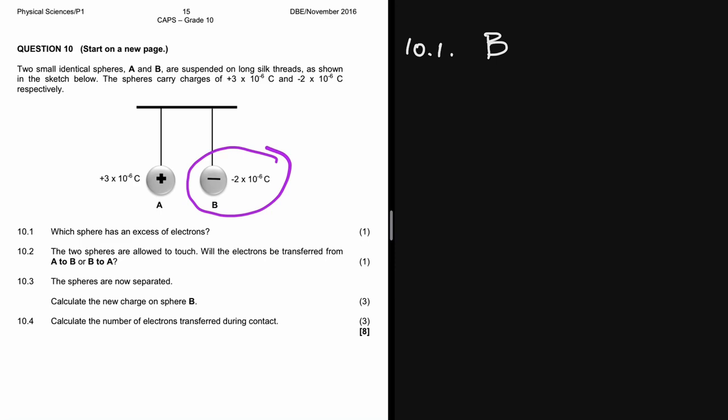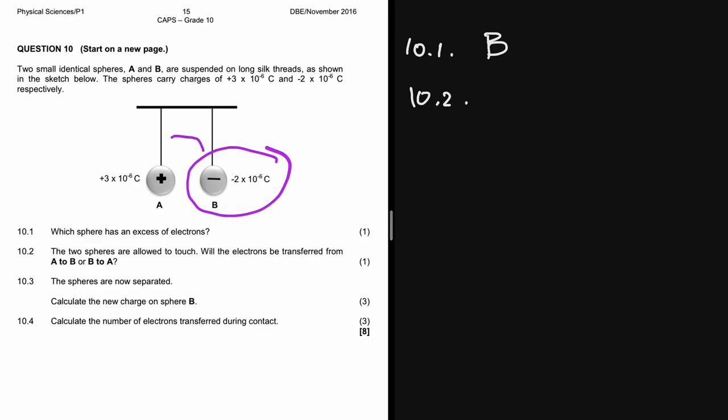So the next question, which is 10.2, says the two spheres are allowed to touch. Will electrons be transferred from A to B or from B to A? Remember, electrons are going to be transferred from the charge that has more negative charge.